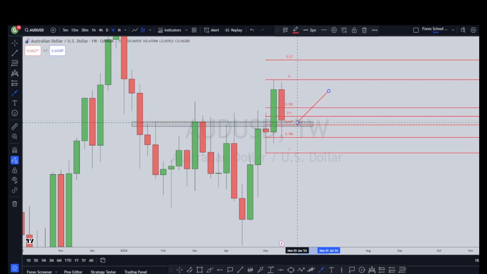And so these two combined, the support area and the Fibonacci level, the 61.8, which is a golden ratio, act as a strong area of support. And so with these two confluences on the weekly, we expect price to rise to the upside.